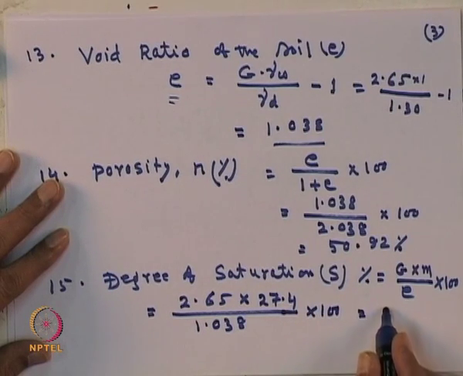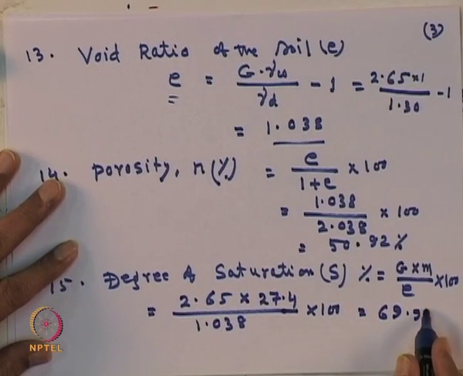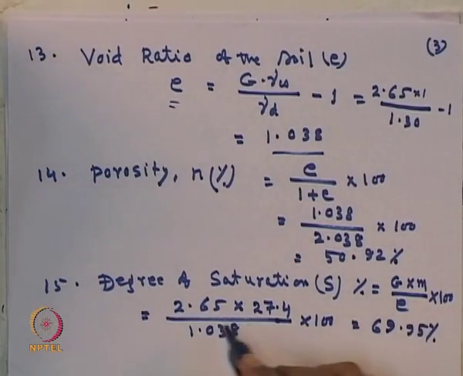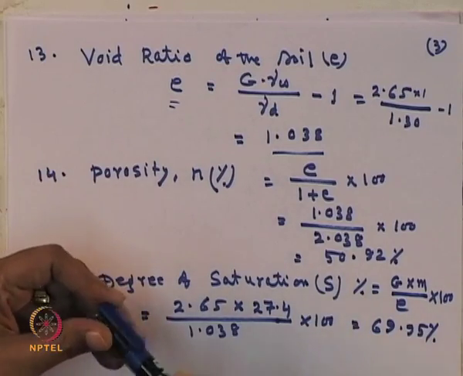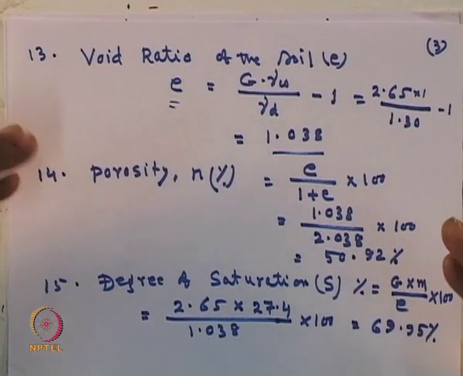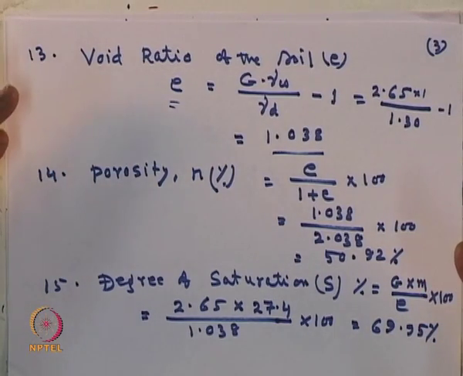So, this will give 69.95%. So, you can calculate the degree of saturation. Knowing this, you see how to calculate the void ratio, porosity, degree of saturation, the dry density and the moisture content from this test.